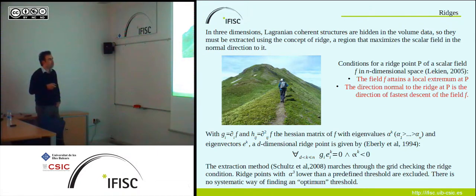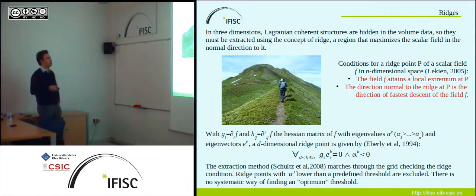And of course, we can see these two conditions here. There is a local extremum of the field at the ridge point, and also the direction normal to the ridge is the direction of fastest descent. That just means that if he continues on this path, he may go up and down, but he won't go down as fast as if he steps sideways from the path. So this is the definition of a ridge.